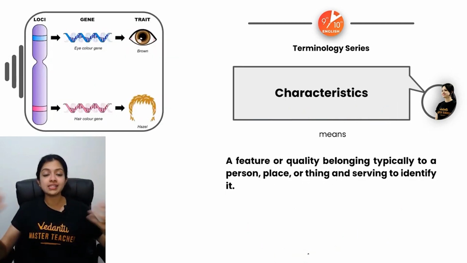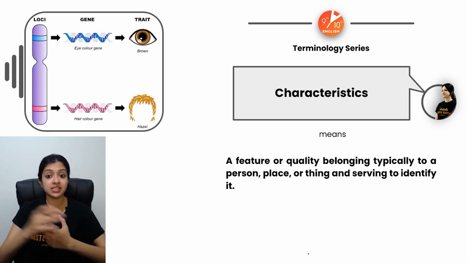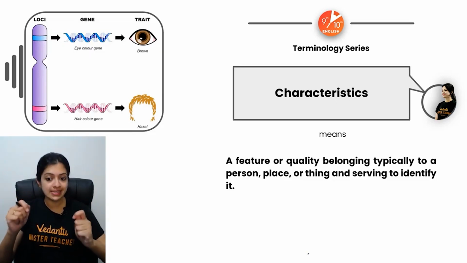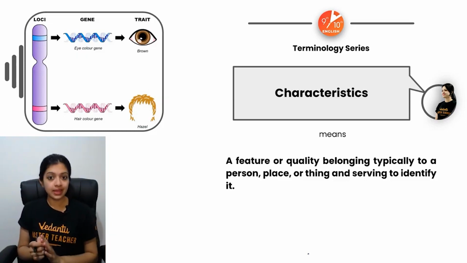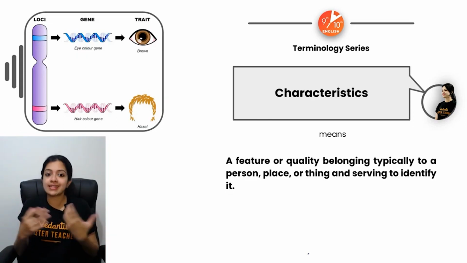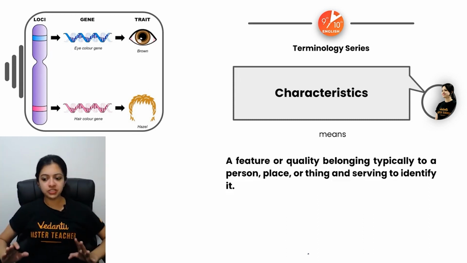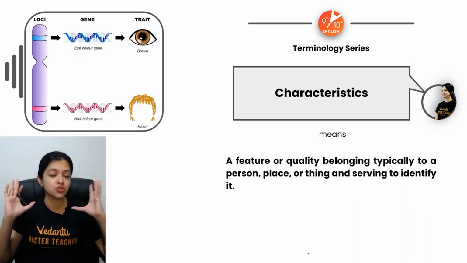Now, what about characteristics? We use the terms characteristics, traits, and all of those quite commonly, right? Characteristics would refer to those features or qualities which belong to a particular person. So, in a particular species, say human beings in general, what are the different characteristics that you would look at?